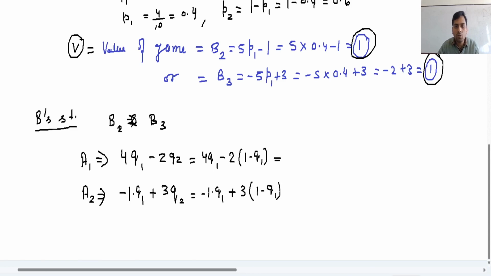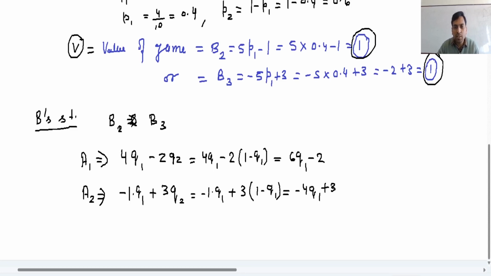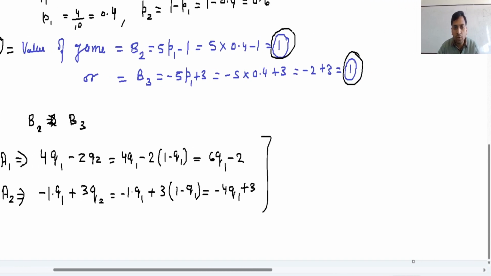So this equals 4Q1, minus minus plus, so this is 6Q1 minus 2, and the second is minus Q1 and this is minus 3Q1, so this is minus 4Q1 plus 3. And now we will equate these two equations to find the values.